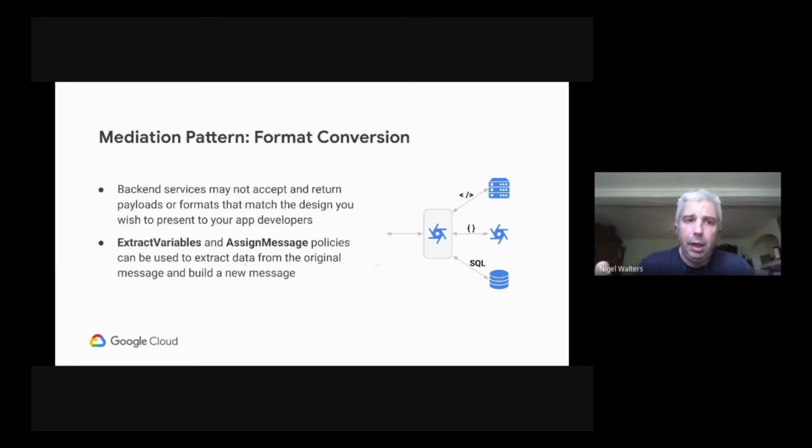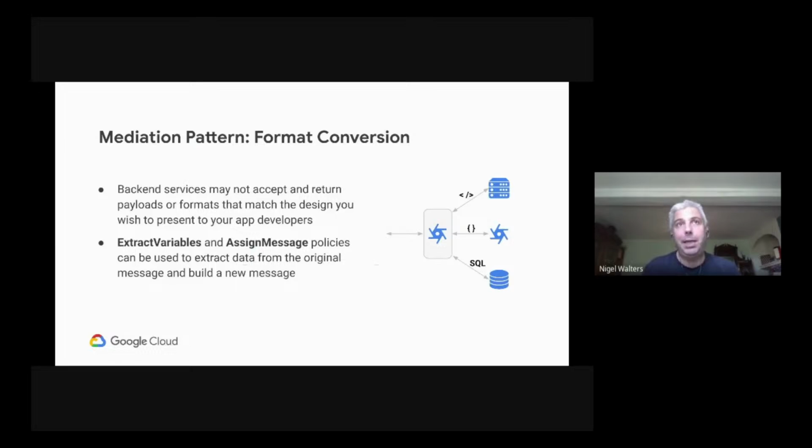So, one capability that Apigee does give you to solve this challenge is it enables you to do mediation. And mediation, quite simply, is the process of us taking an inbound request in one format, transforming it to another format to make the backend call, receiving that response, and then doing a transformation again to return the payload in the format that we want.